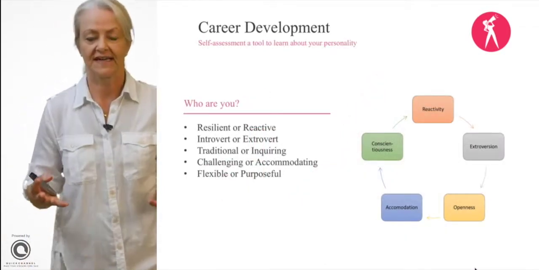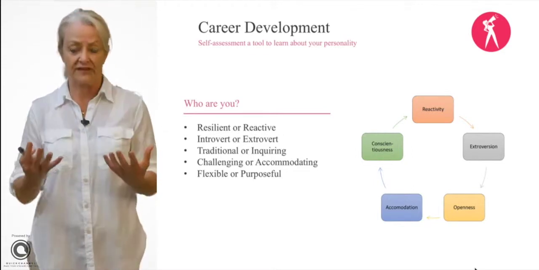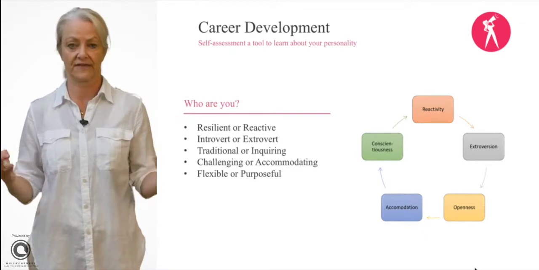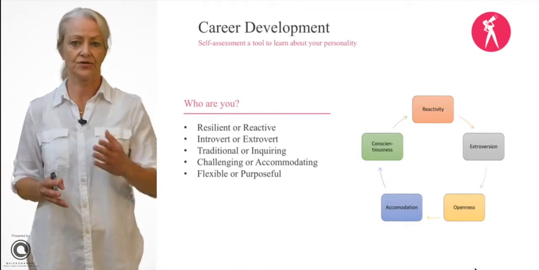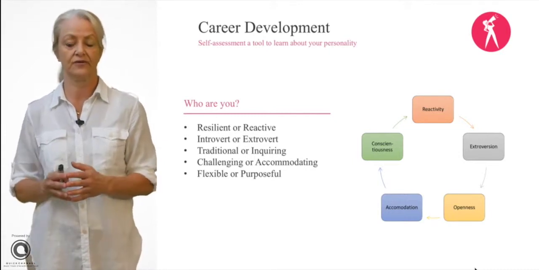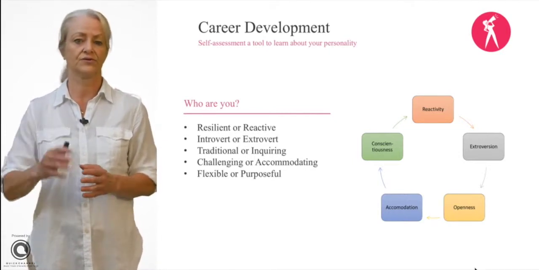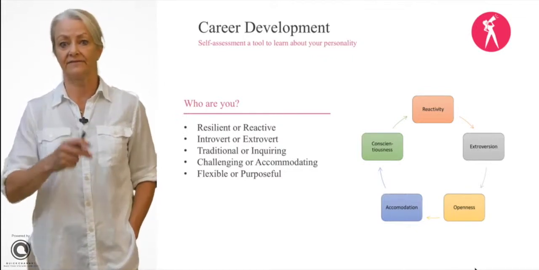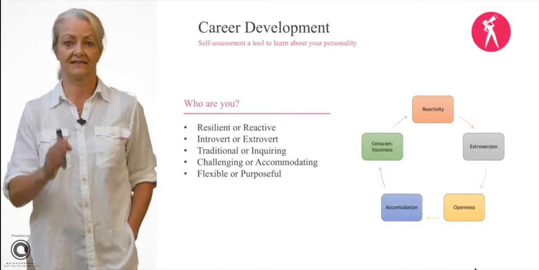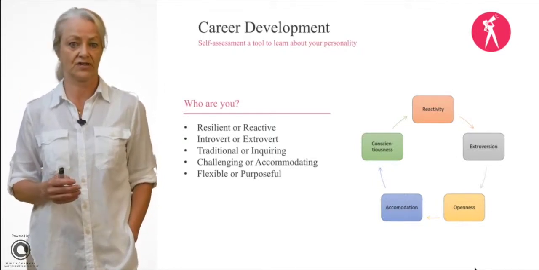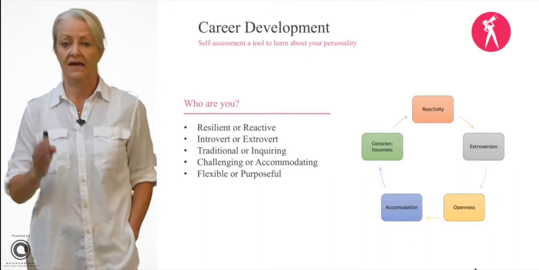On this slide, I'm just briefly going to show what is evaluated when you do a self-assessment. I use 2 different tools in my work, Big 5 and Lumina Spark. The one you see on this slide is part of the Big 5. In Big 5, you get assessed and tested for reactivity, extroversion, openness, accommodation, and conscientiousness.